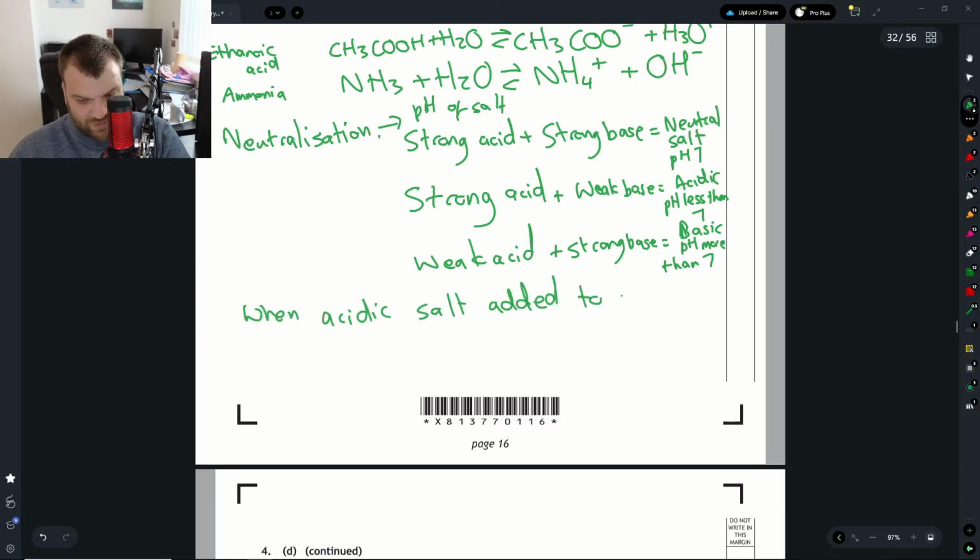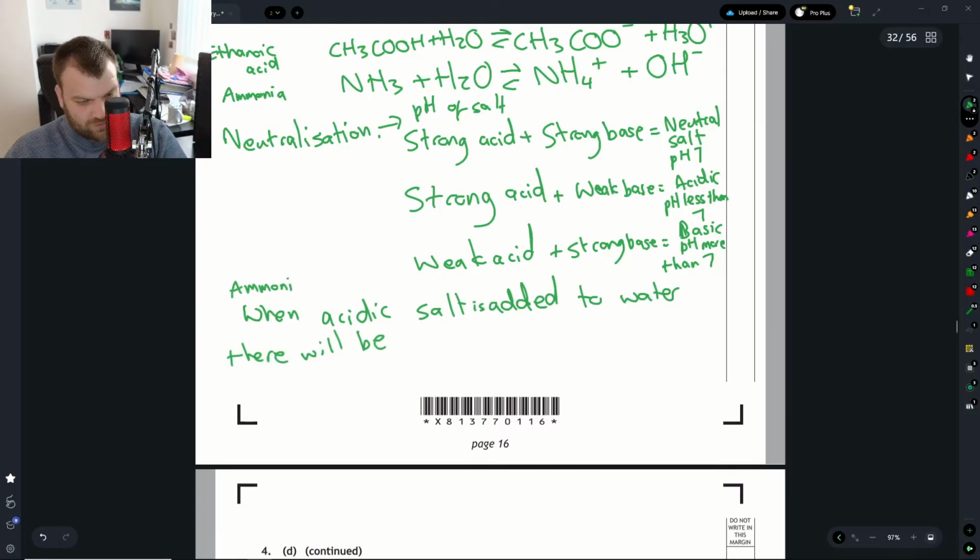So we have an acidic salt added to water. And if we had ammonium chloride, a little bit messy here, but that would be from ammonia, which is a weak base.